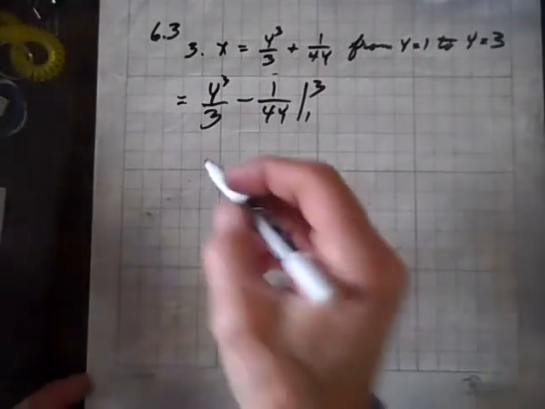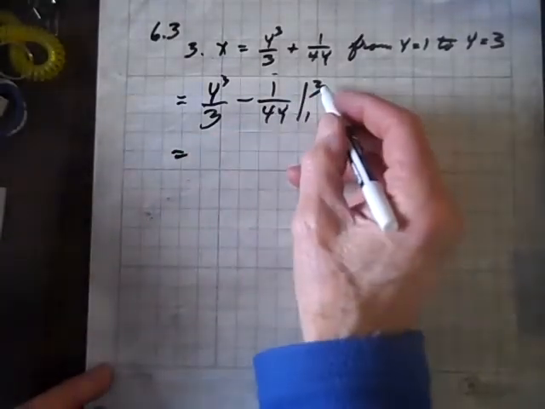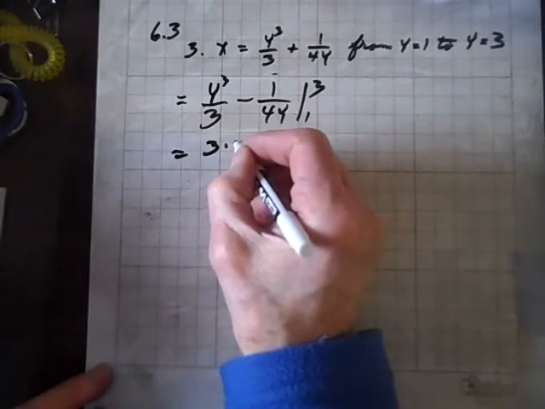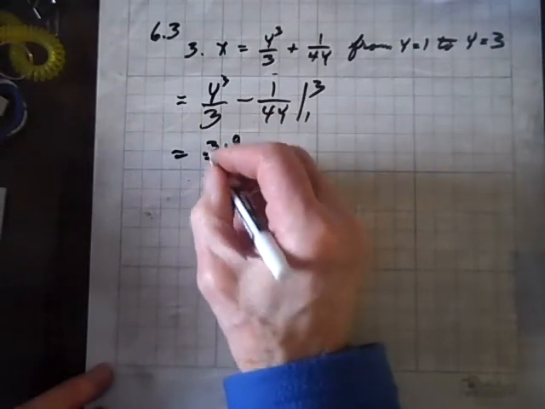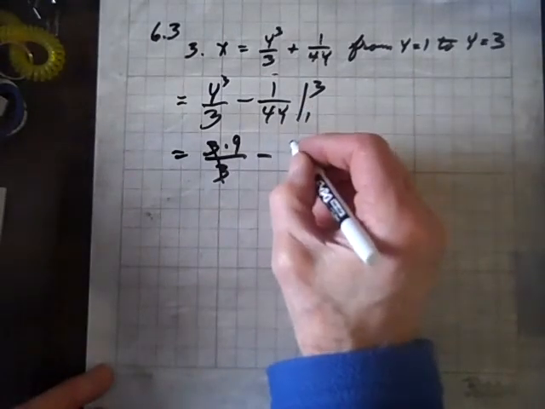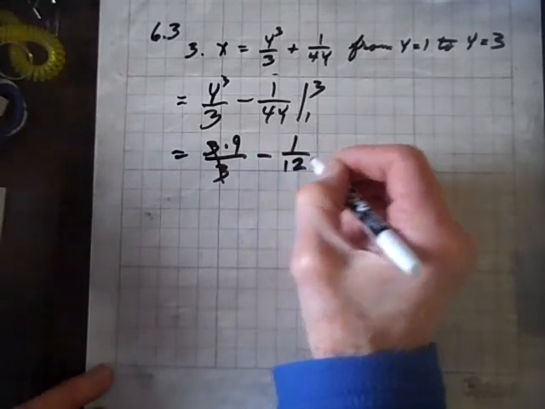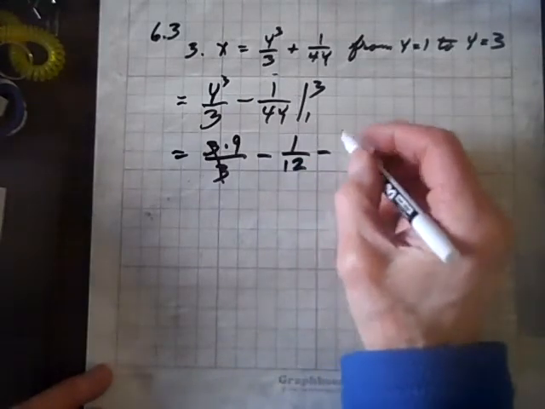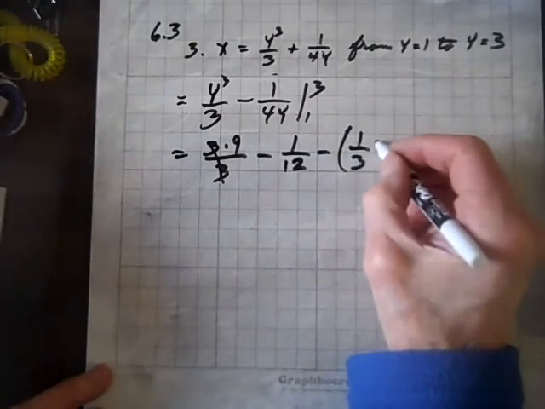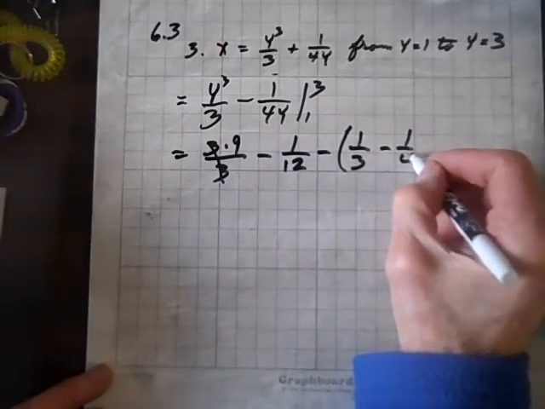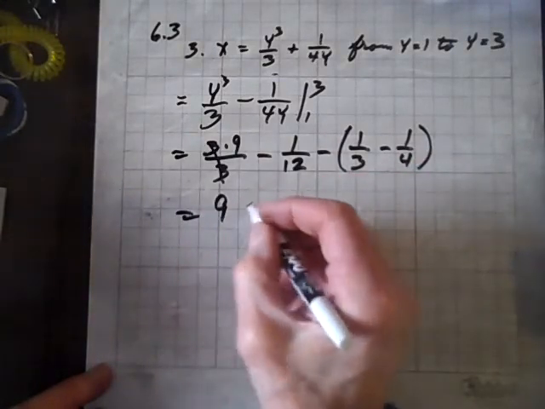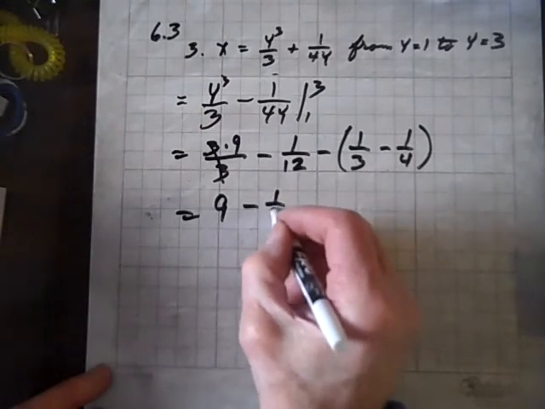Okay, and evaluating for 3, we've got 3 cubed, which is 3 times 9 over 3. The 3's divide out, minus 1 over 4 times 3, which is 12, minus, now replacing y with 1, 1/3 minus 1/4, and that equals 9 minus 1/12.